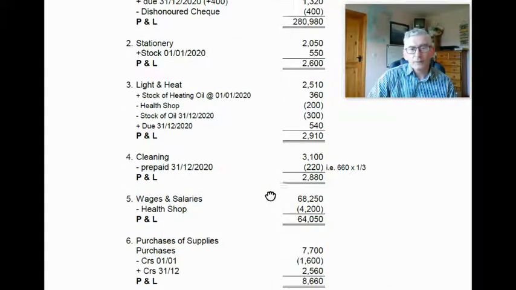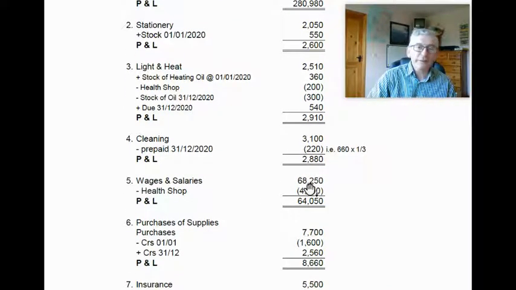Now, the wages and salaries were a straight figure of 68,250. We take away the amount allocated to the health shop of 4,200. So the amount to go into the health centre's profit and loss is 64,050. Now, the purchases of supplies for the health centre itself: the purchases were 7,700. That's what we actually paid out of our bank account. Now, we owed an amount of 1,600 since the start of the year.